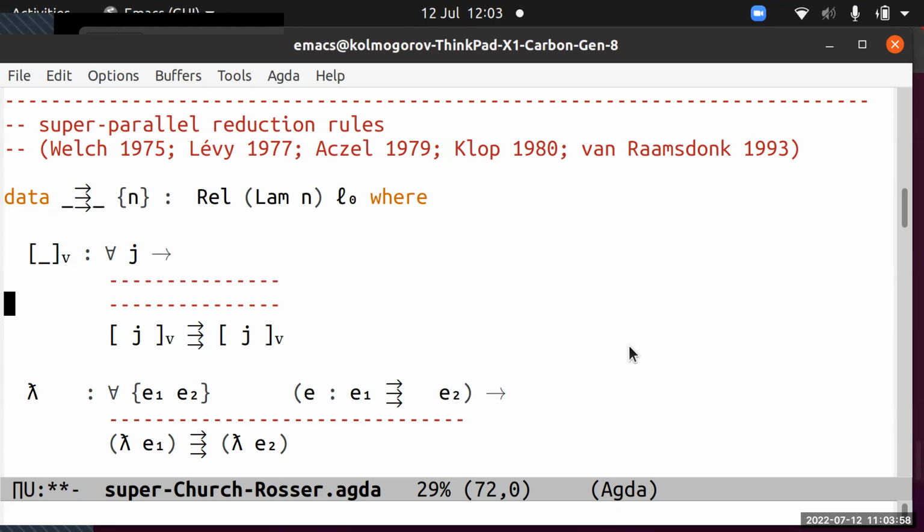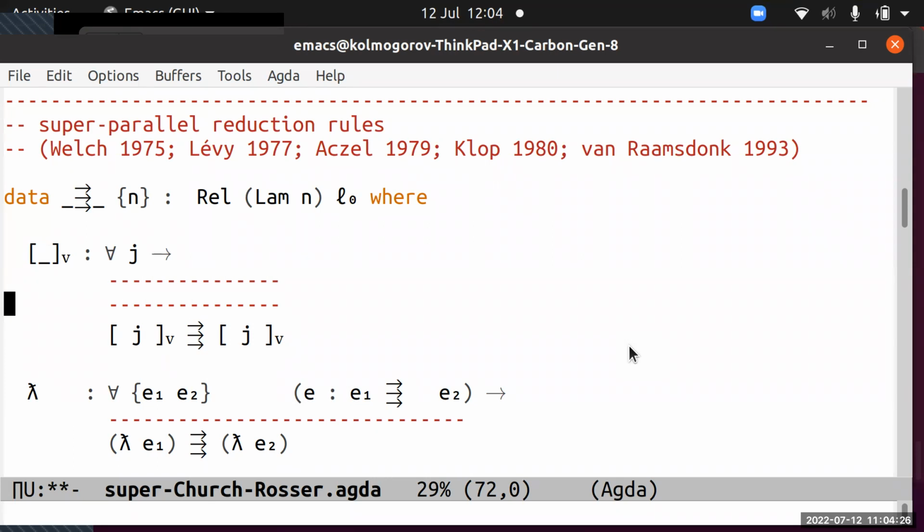And what do we do? Well, we write down data types. So I've already made this point about inductively defined relations being just data. So here's some data, and they'll have constructors. And the constructors for this data are, well, I'd rather suggestively use the square brackets as the name of the var constructor, because I want to think of them as looking up in a term or in a substitution how to find what happens at index j.